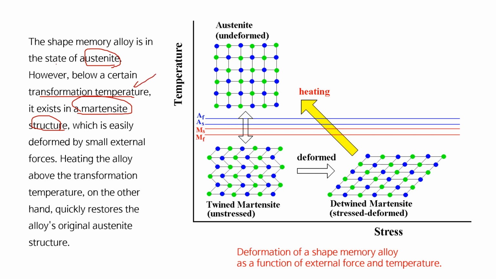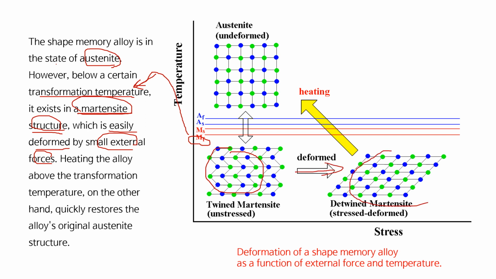So this is MF, right? Martensite finish temperature. It exists in the martensite structure, which is easily deformed by small external forces.